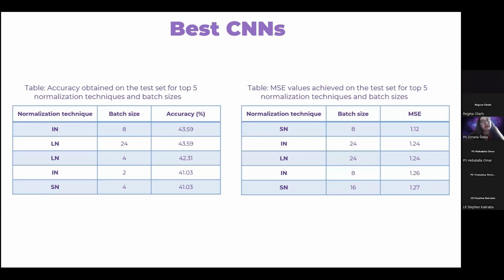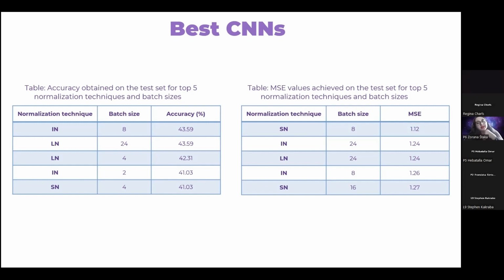And here we can see that instance, layer, and switchable normalization neural networks show the best accuracy. Everything is above 40%. And we also can see the batch sizes that are connected to these normalization techniques.